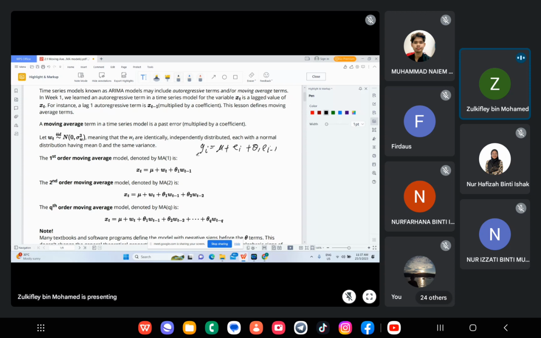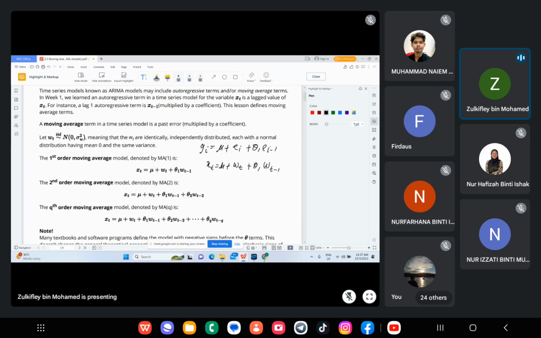But this guy digunakan XT. The first order is XT is equal to mu plus by epsilon change to WT plus by theta 1 WT minus 1. Sama lah.